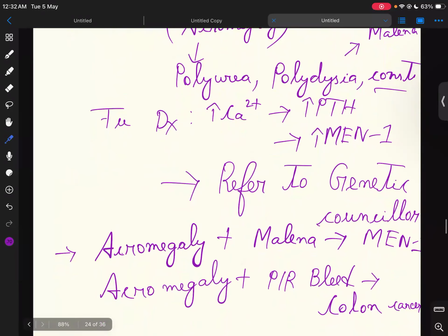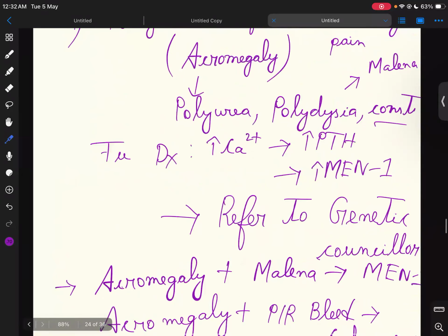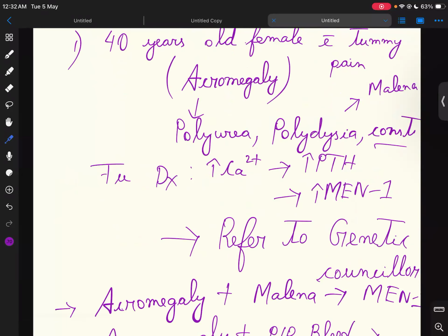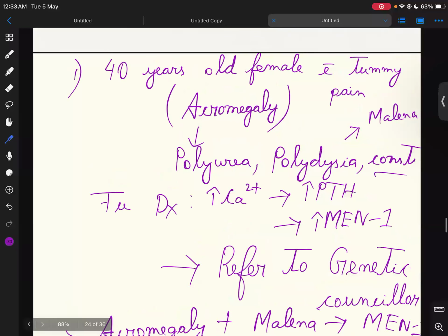It can be due to Zollinger-Ellison syndrome, it can be due to the hypercalcemia itself. This hypercalcemia is causing peptic ulcer disease. Like our case here, this patient is having tummy pain due to peptic ulcer disease induced by a high calcium level in the blood. And whenever there is peptic ulcer disease, it is going to bleed. And any bleeding from the stomach can manifest as melena.